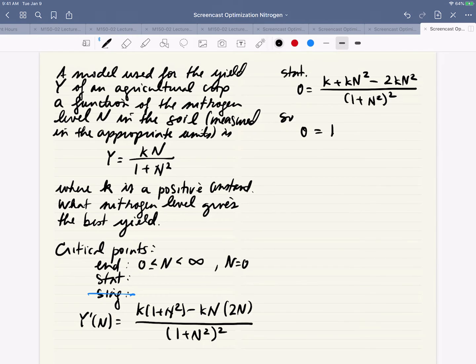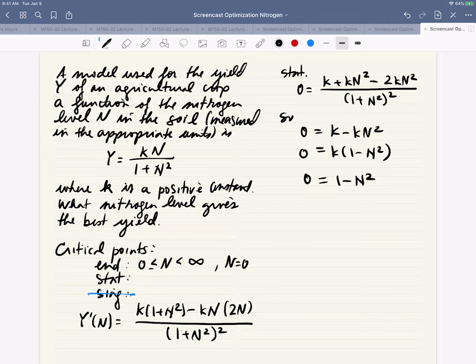So that gives me k minus kn squared. Simplifying my numerator, and I can factor a k out. I get that. K is positive, so I can divide both sides by k and not change anything.